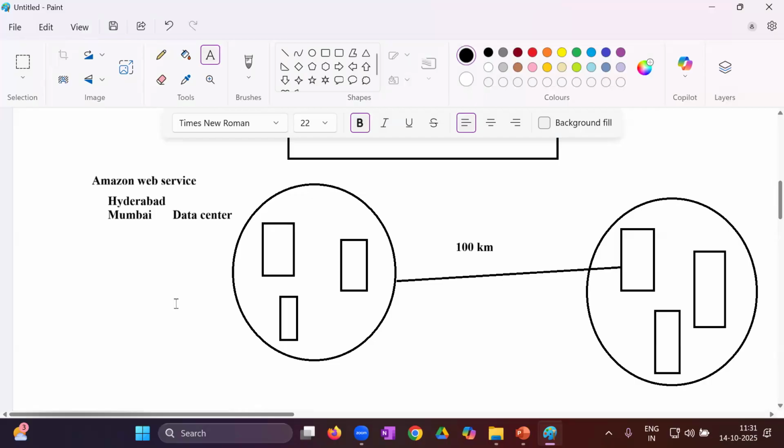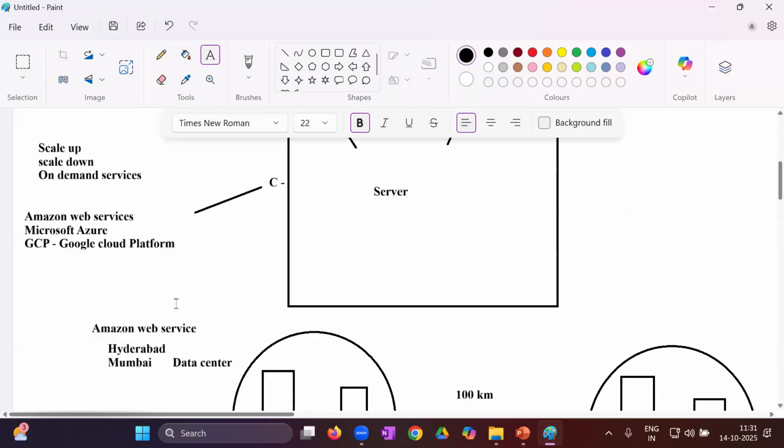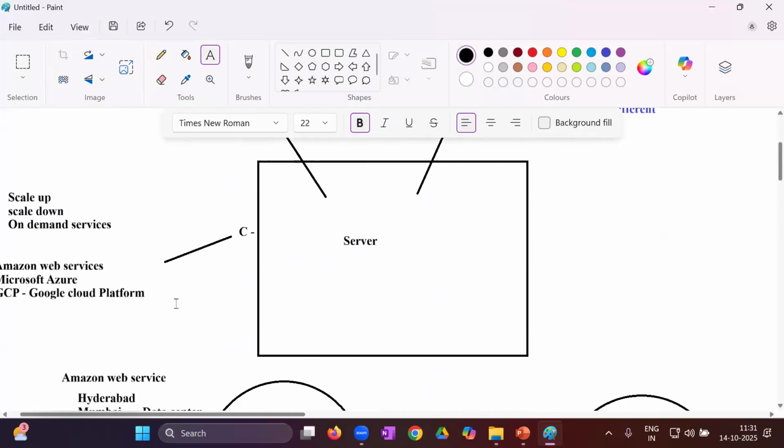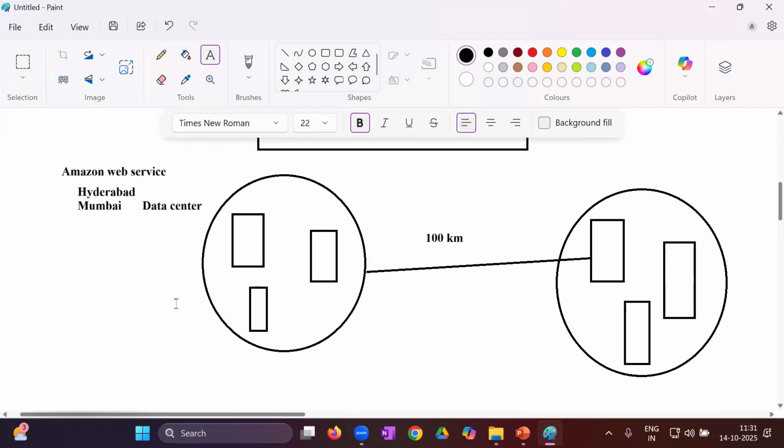Okay, it is not there in Bangalore. We can say this is the backup center. Well, not as a backup, but this will also be used by certain other users. But why do they keep a distance?